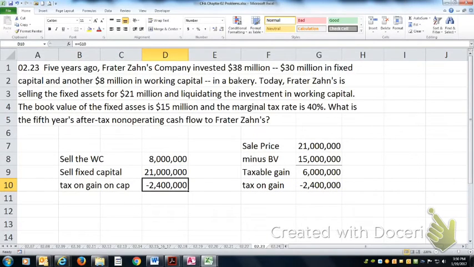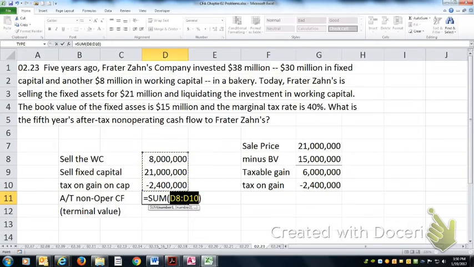All right, and that's it. So the 5th year terminal cash flow, or the after-tax non-operating cash flow is what they're calling it, terminal value, would be the $8 million I get from selling off the working capital, the $21 million I get from somebody buying my crap from me, minus the taxes I owe on the gain.